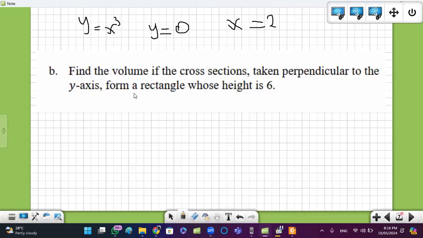Okay, now I have here perpendicular to the y-axis, so I need to convert this to x equals. x equals what? The cube root of y. Right? If I put x equals 2 here too, I will find 8. So the integral from 0 to 8. Why 8? I plug x here.